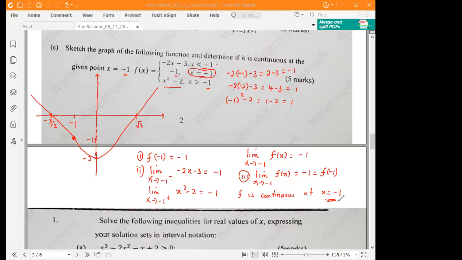When you're sketching a quadratic, remember what you need: the turning point and the intercepts. When x is 0, you find the y-intercept. So when x is 0, you get -3. That's why the y-intercept is at -3. And then for the x-intercept, you set x squared minus 3 to 0. You get x is equal to plus or minus root 3.